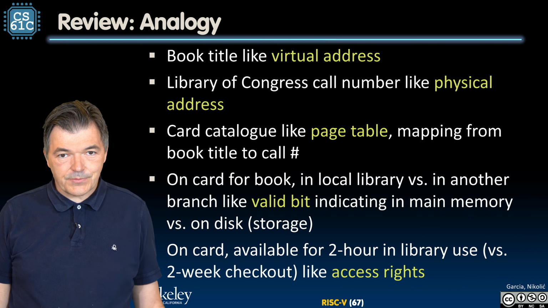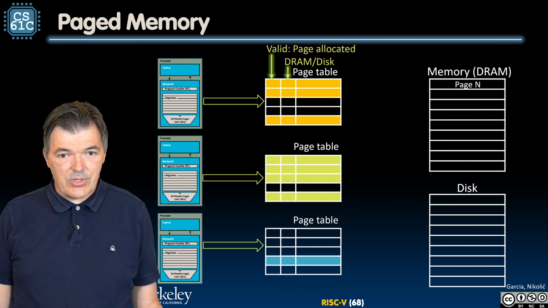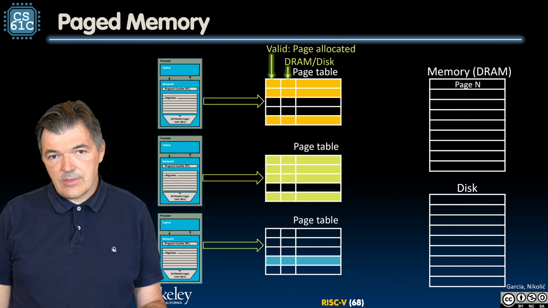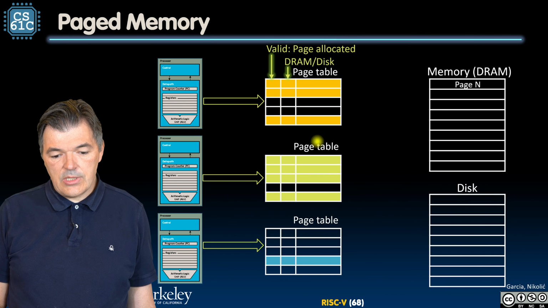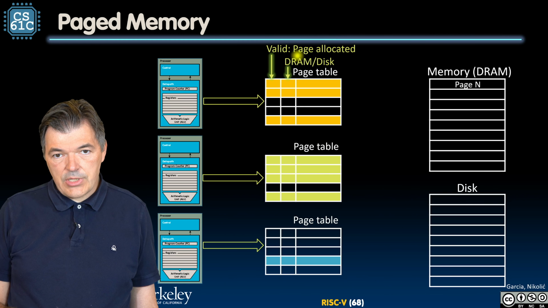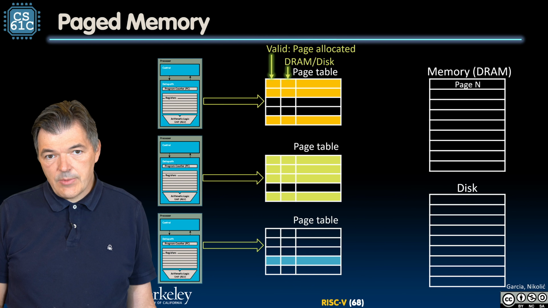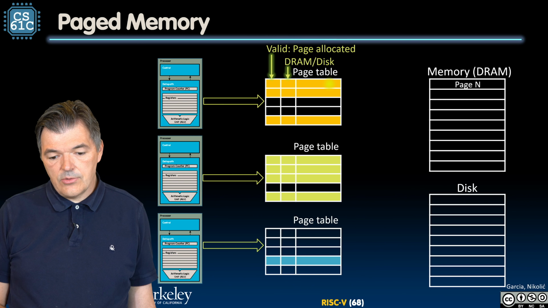All right. So back to our page memory system. In our page memory system, what we have seen is that each process works with its own page table. A page table has multiple entries that are pointing to the pages that may reside in DRAM or on the disk.